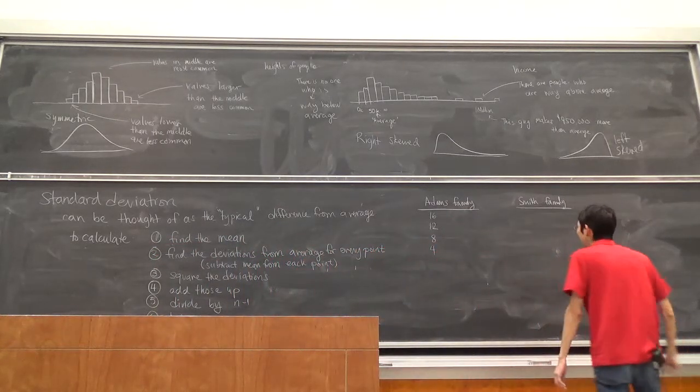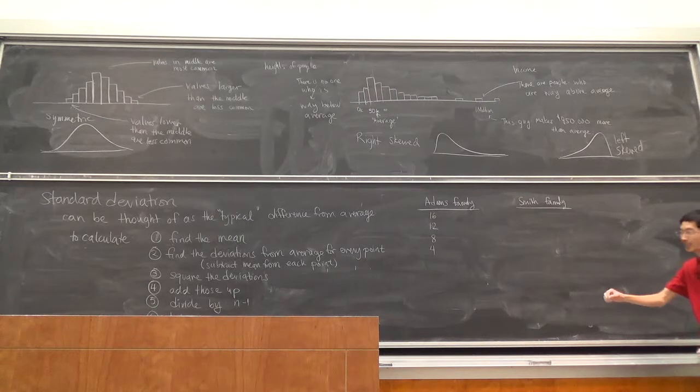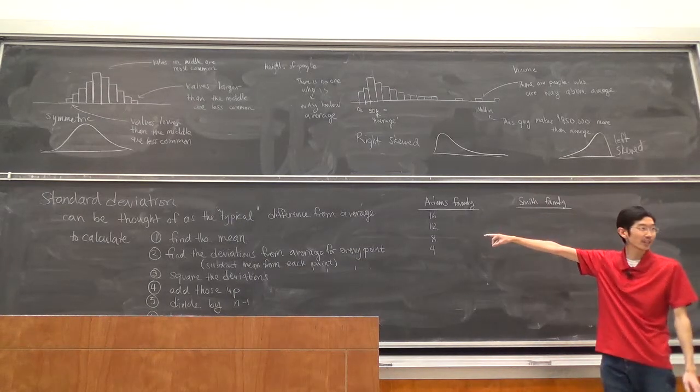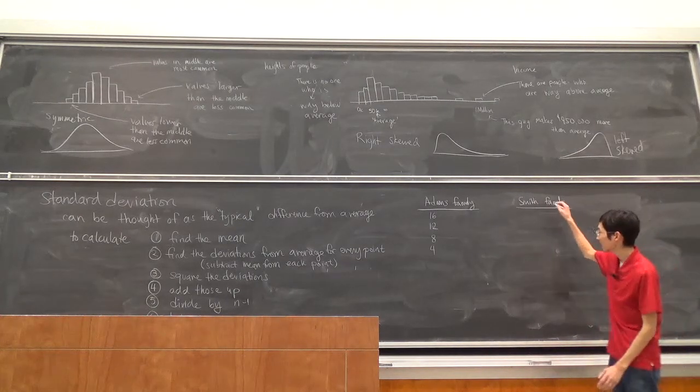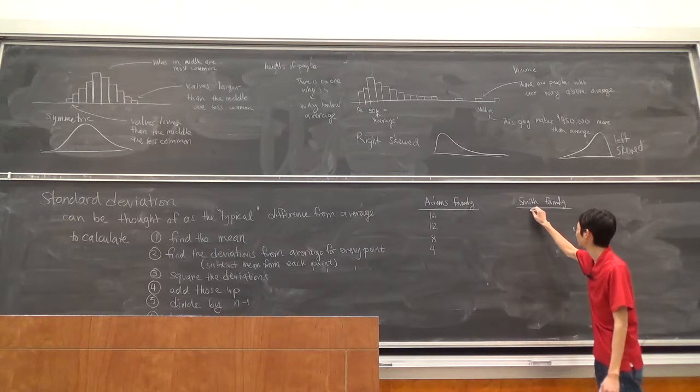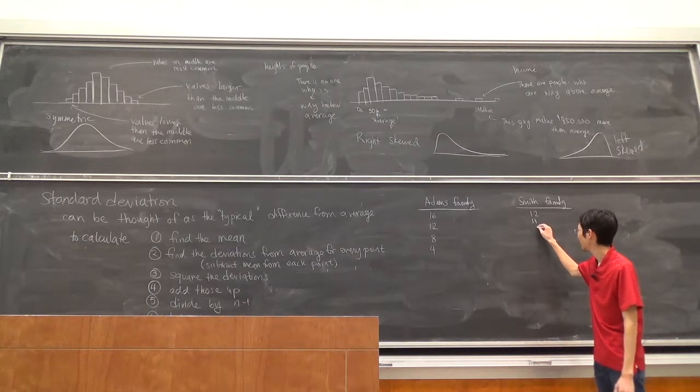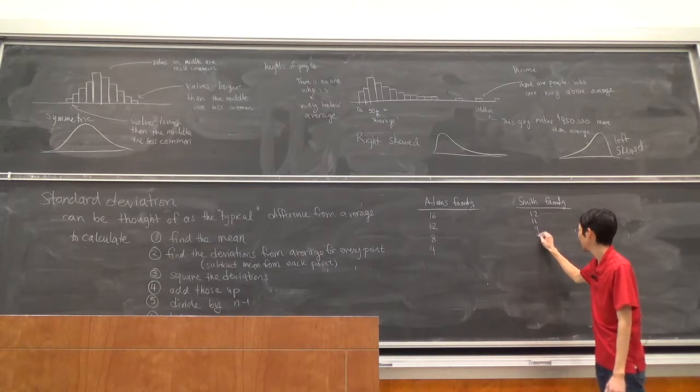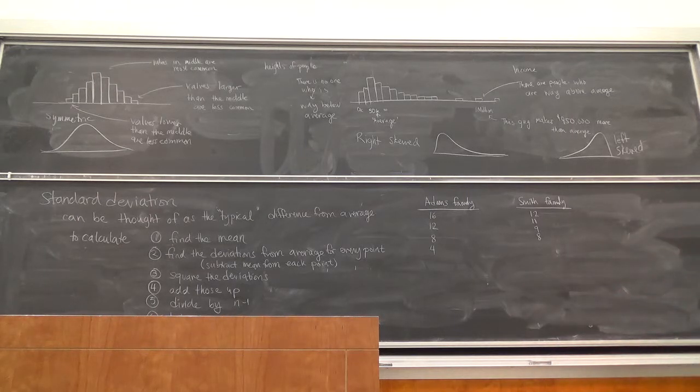So what's the average age over here? 10. The Smith family, on the other hand, they have a 12-year-old, an 11-year-old, a 9-year-old, and an 8-year-old. And what's the average over there? 10. Also 10 years old.